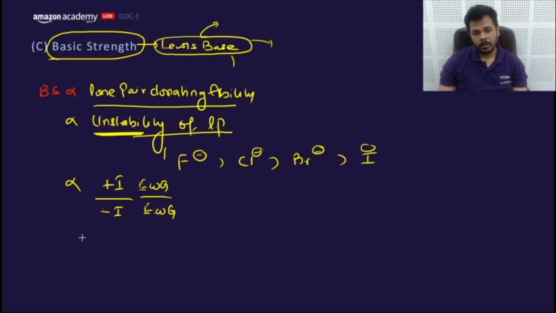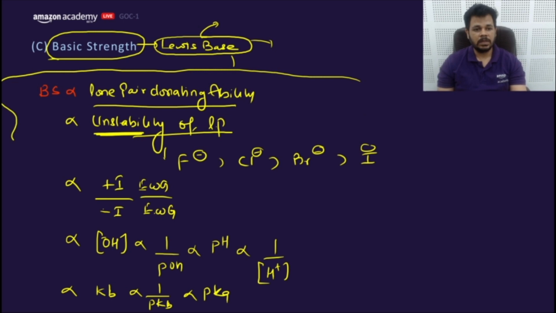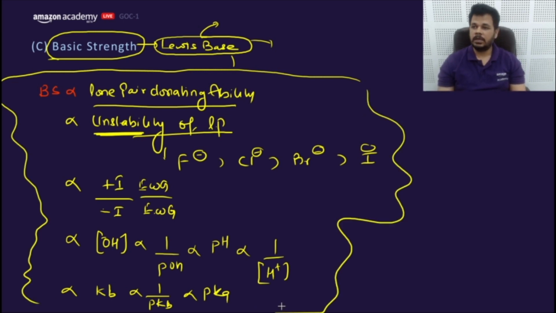Secondly, directly proportional to the concentration of OH minus, inversely proportional to pOH, directly proportional to pH, inversely proportional to the concentration of what? H plus. Next, directly proportional to Kb, inversely proportional to pKb, directly proportional to pKa. So this is the concept map which can help you to answer all the questions.